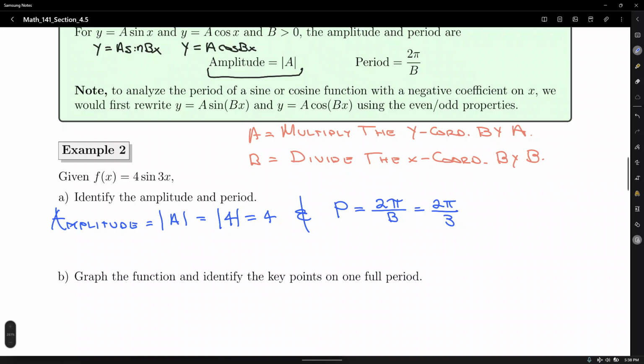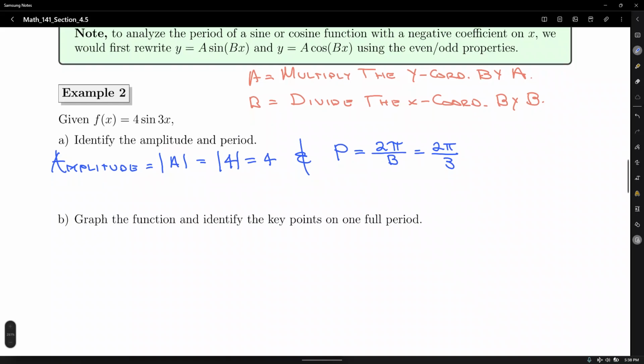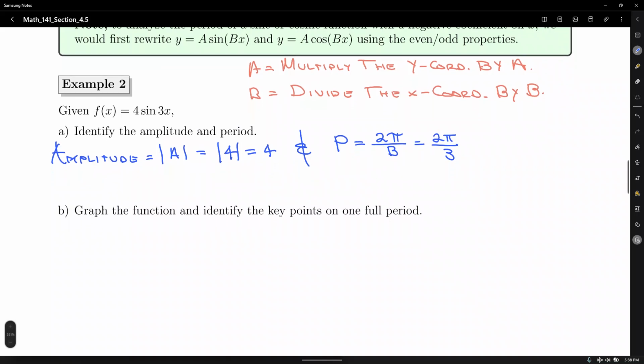All right, so how about we set that up as an inequality?